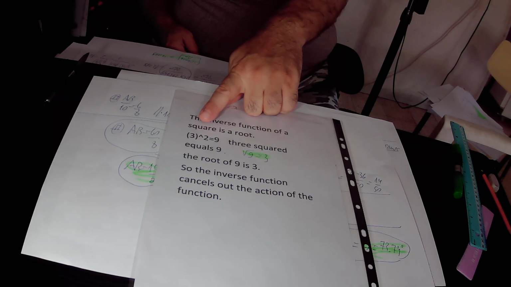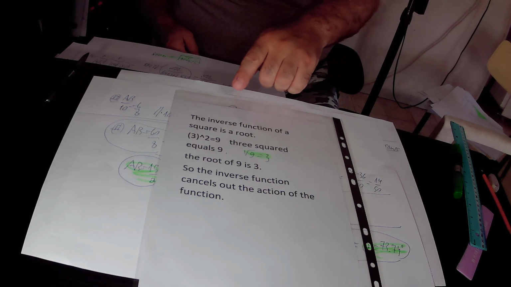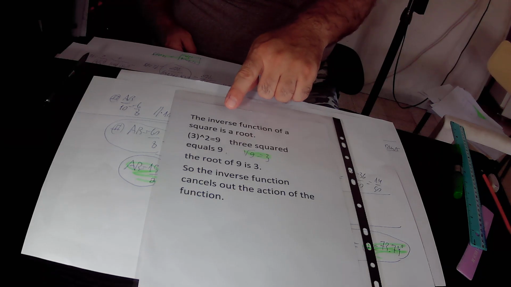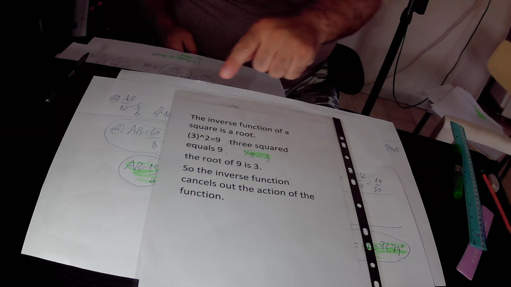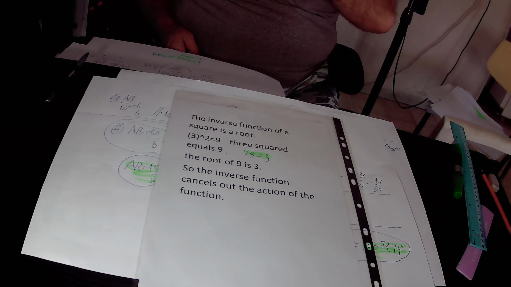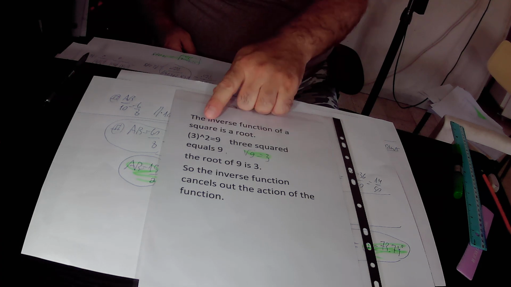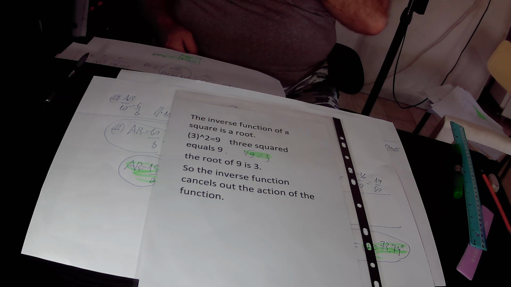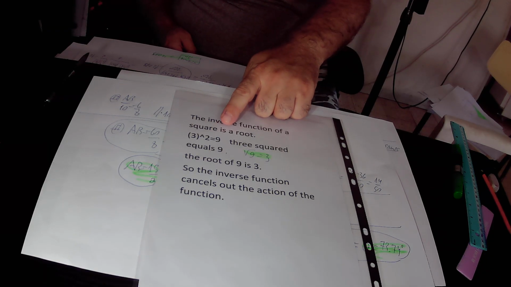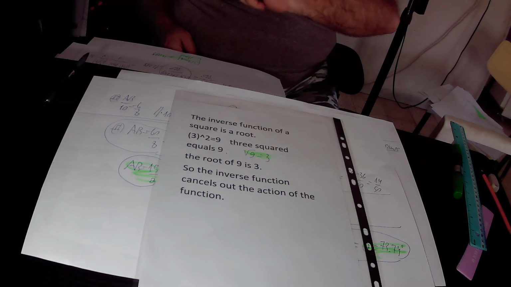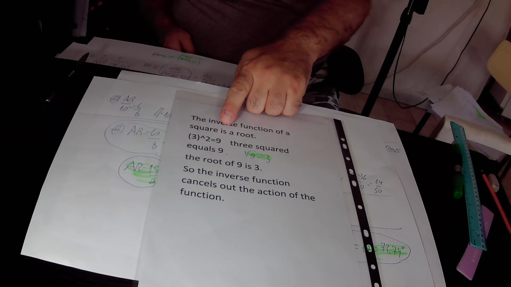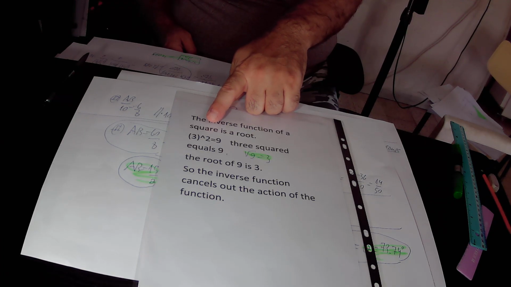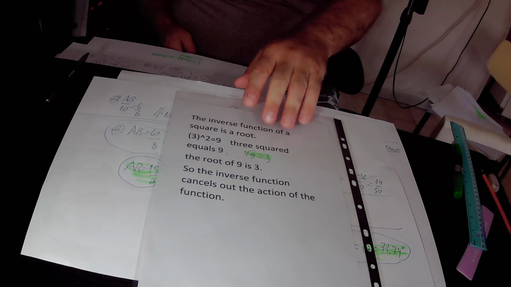In this way we get 3, because the root of 9 is 3. So in order to get the original number, we do on the result the inverse function of the function itself, because the inverse function cancels out the operation of the function.